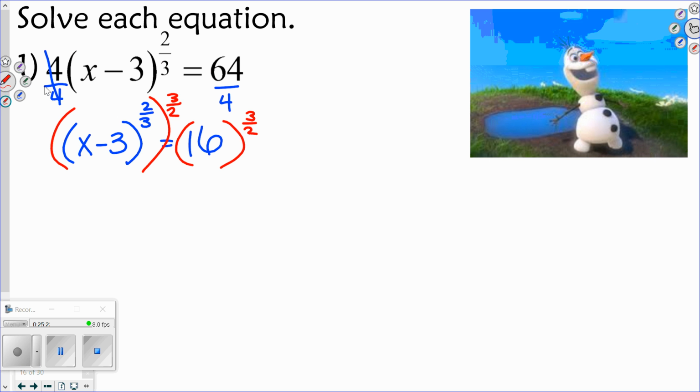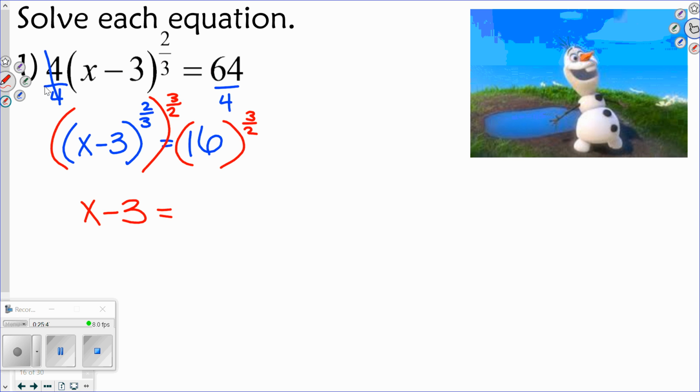It'd be 6/6, which is 1. So in essence, it's canceled. Really that's x minus 3 to the first, or just x minus 3. It allows that to go away. But if I do it on this side to get rid of it, I have to do it to that side. And lucky for you, you have a calculator to make your life even easier.